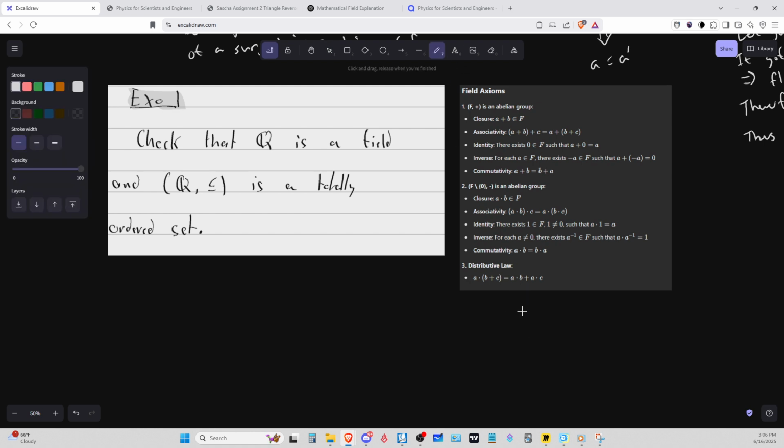Now, let's see, check that the rational numbers is a field and that Q with less than or equal to is a totally ordered set. Okay, so let's see, proof.